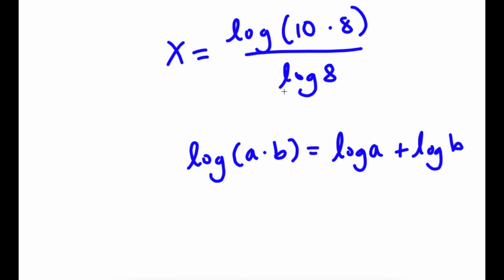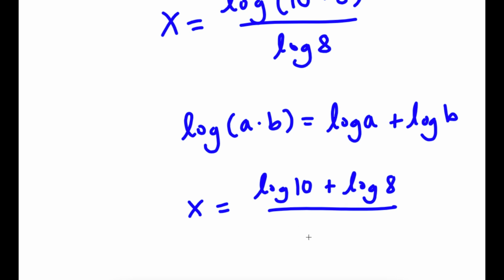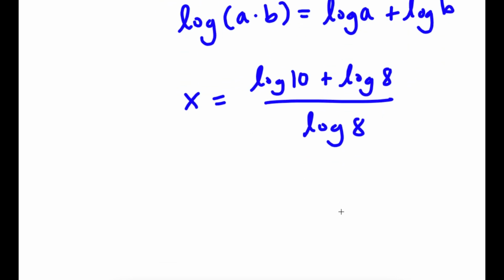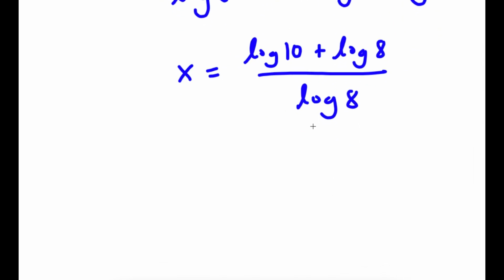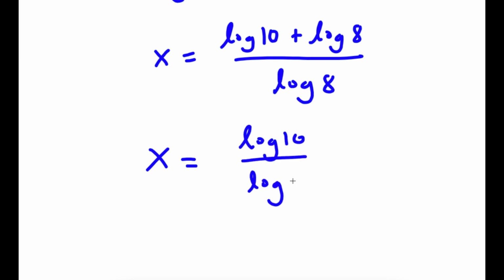So in this case, log of 10 times 8 is going to equal log 10 plus log 8. And now I have this over log 8. So now to solve this, I'm going to rewrite this as log 10 over log 8 plus log 8 over log 8.